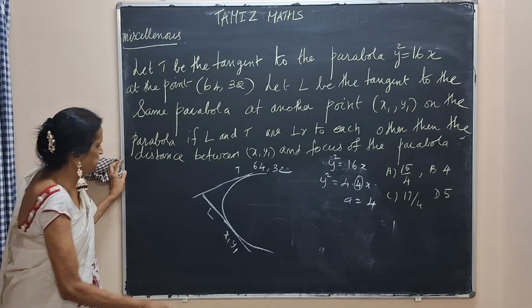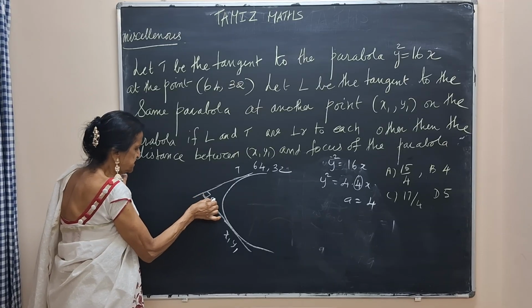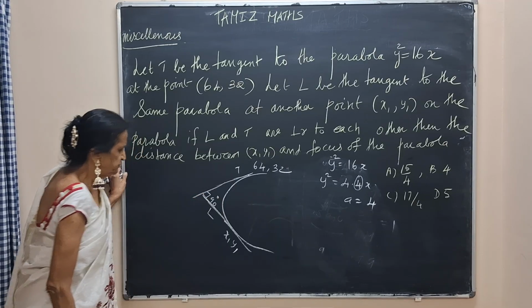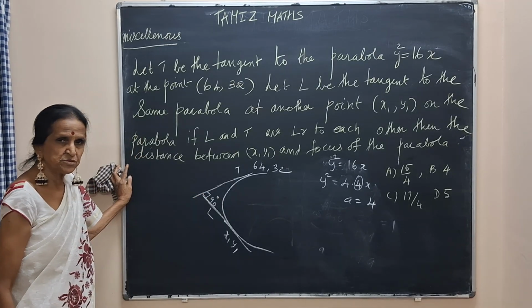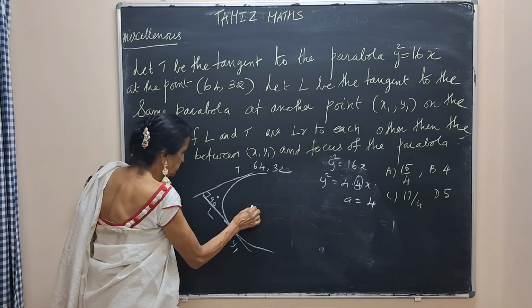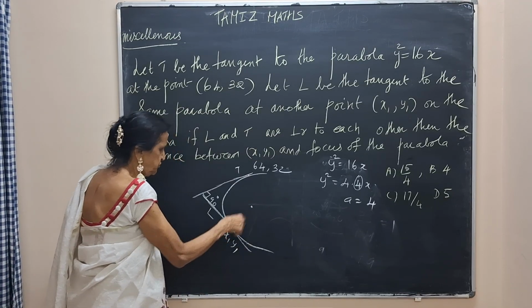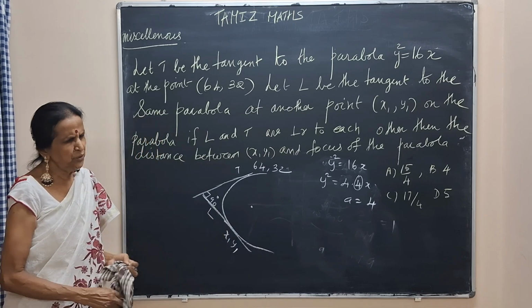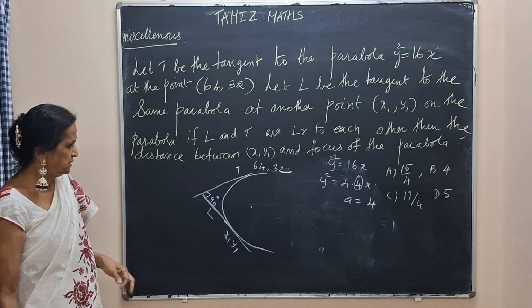They are perpendicular to each other, this is 90 degrees. What is the focal distance of (x1, y1)? That's what we have to find out. So this is the focus. We have to find the focal distance. You can do it in many ways you like.